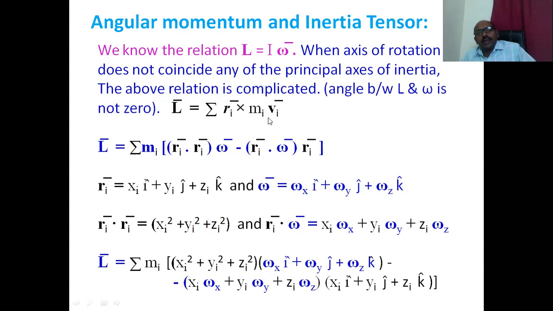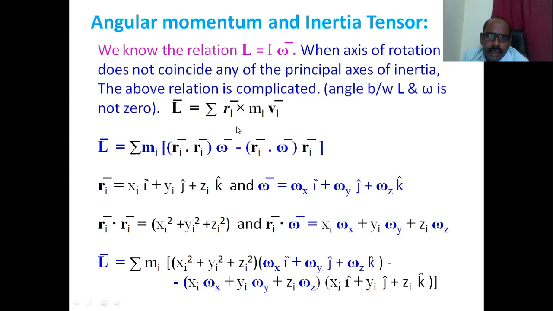That is represented with suffix i. Now L bar is equal to, with v bar equal to omega bar cross r bar, we substitute v bar is equal to omega bar cross r bar in the above equation. We have already derived this expression in a previous lecture, and I will provide the link to that lecture.